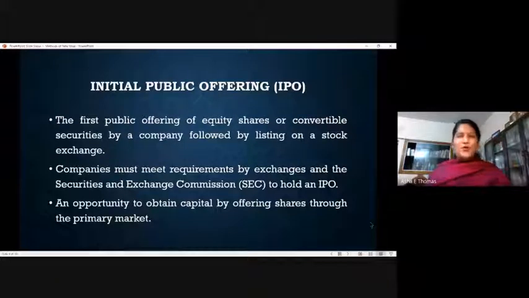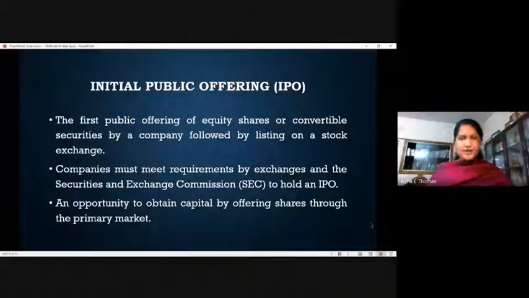They might want to shift from this company to another when a better offer comes, and that is possible only when there is an active secondary market. So in this context, we look into the IPO, the initial public offer, which is brought in for the first time, later followed by a listing in the stock exchange.